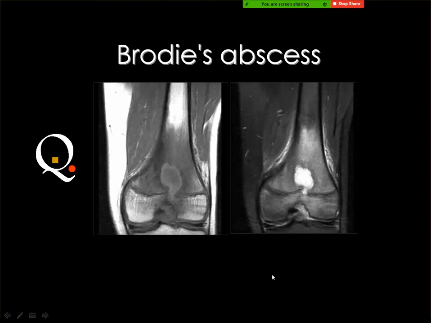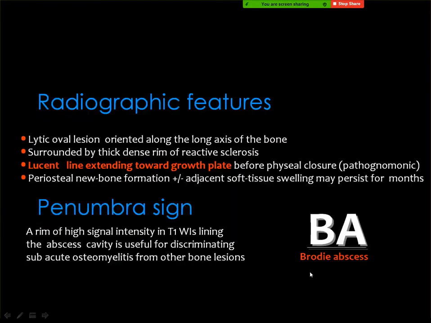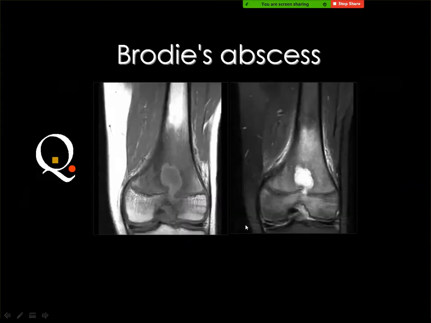Okay. This is the Brodie's abscess. The answer is there. And the Brodie's abscess is an intraosseous abscess which is present in the metaphyses usually. And this is one of the good signs for the diagnosis of the Brodie's abscess, which is known as the penumbra sign, or the lucent line extending towards the growth plate, which is considered pathognomonic.